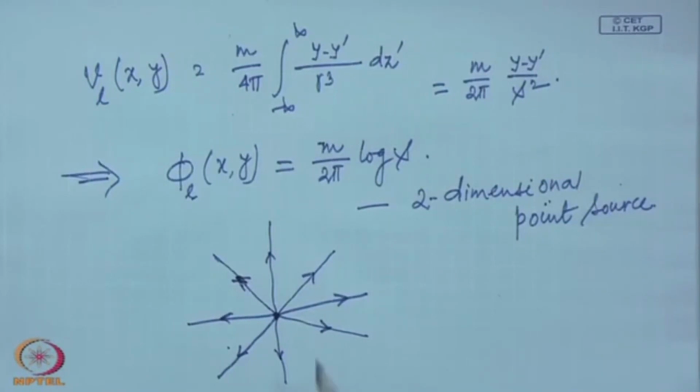If it is a point sink, the arrow will change its direction, that is all.